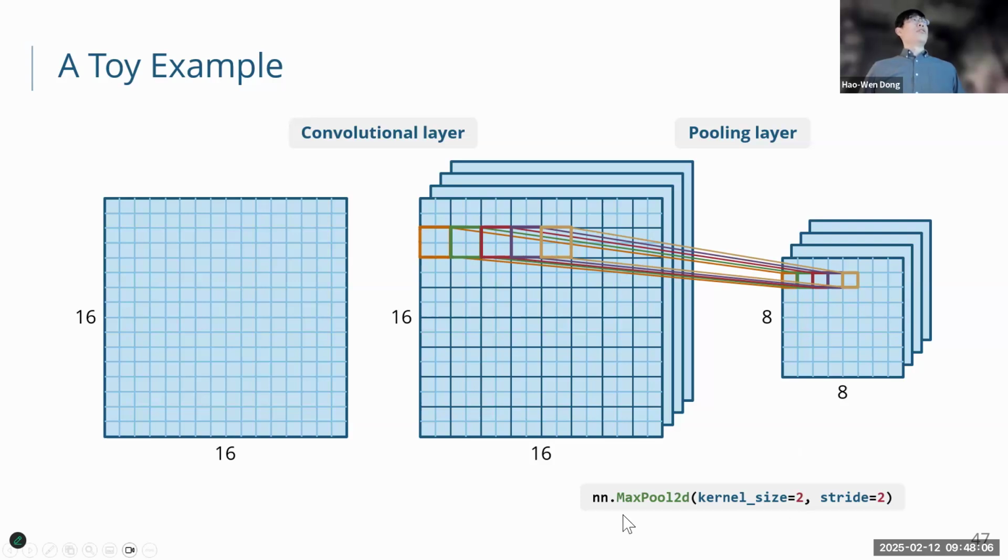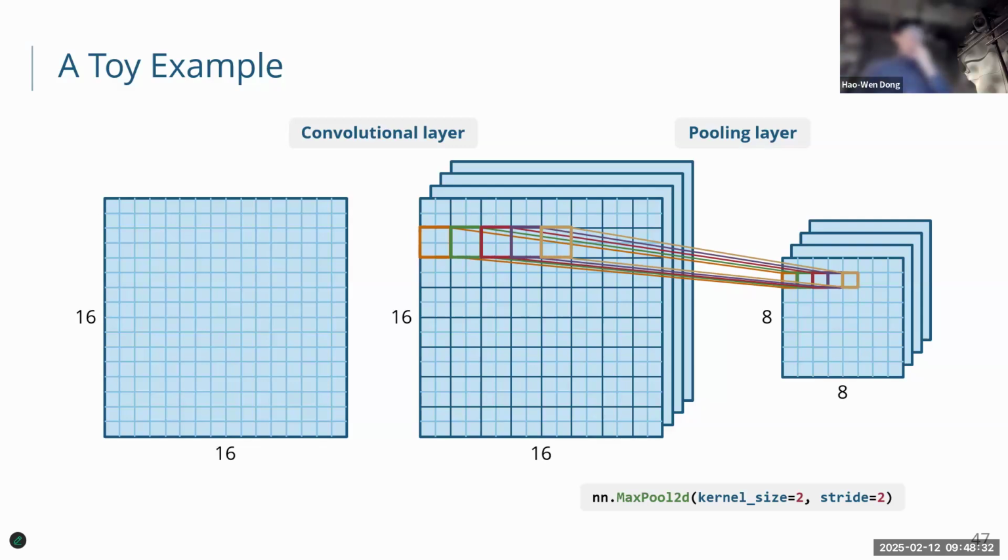Cool. So in terms of implementation, it's nn.MaxPool2d, kernel_size 2, stride 2. Kernel size means you have a 2x2 window, and stride 2 means that you're jumping. Usually this is the most common one. This effectively downsamples your input into a smaller version, which is half the size.